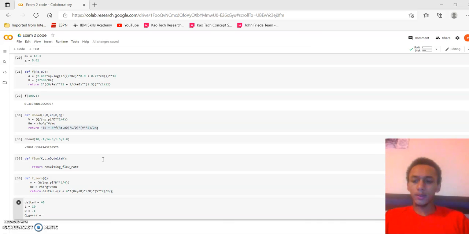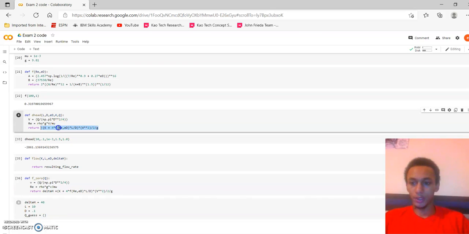So it's going to be the same thing that we had before up here, except now we're going to actually enter the values of velocity.